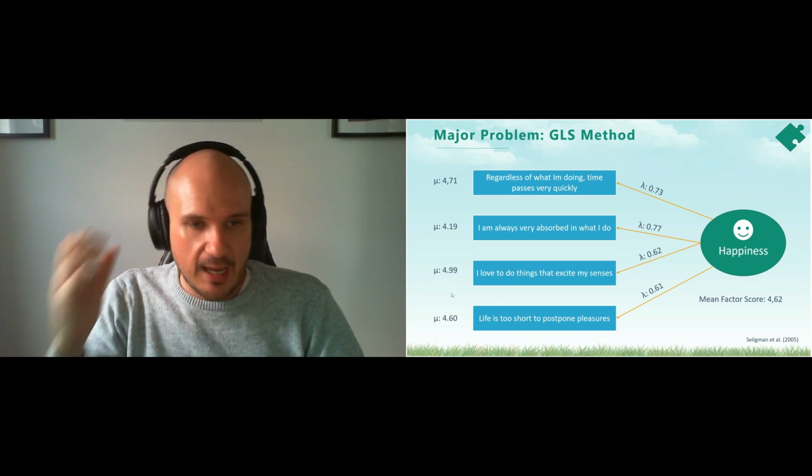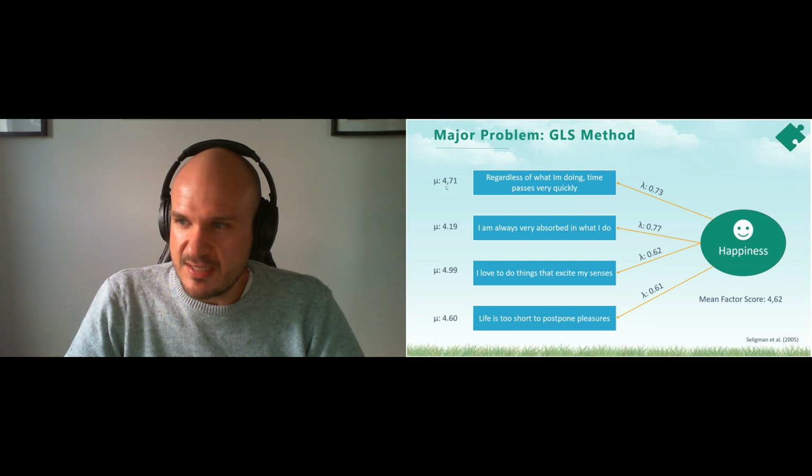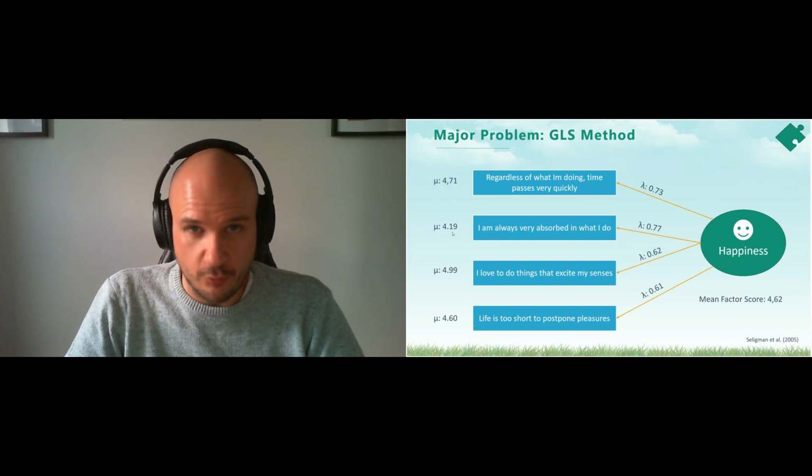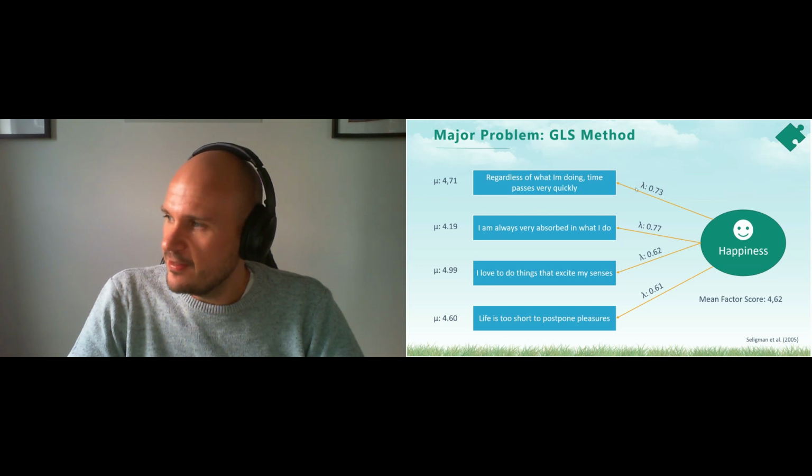From the general least squares perspective, the mean score for all of our participants on this item was 4.7, the mean score 4.9, and so on. The item loading was 0.73, 0.77, 0.62, and 0.61. This is the factor loading that you will be familiar with.